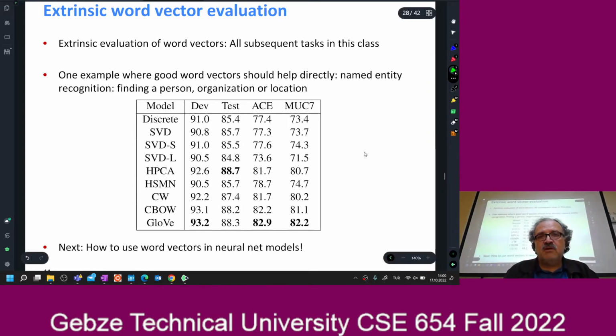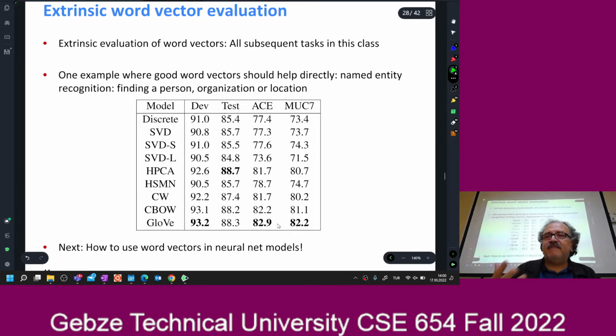So with named entity recognition, whatever the method you are using, you need to represent your words in a vector way. And depending on which representation I use, these are the final results. Development, test, and these are the two data sets that I am using. It looks like if you use GloVe, your final results are the best with these two data sets.